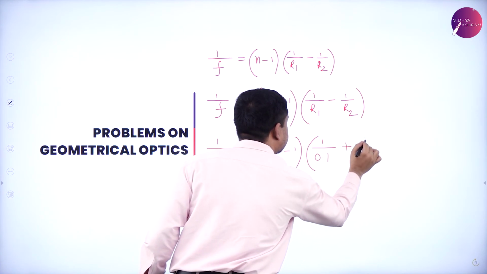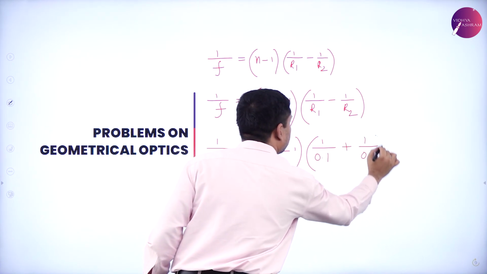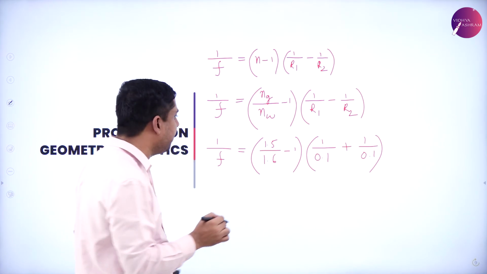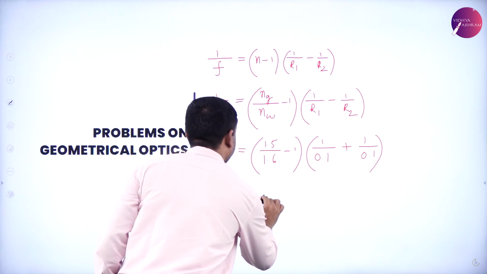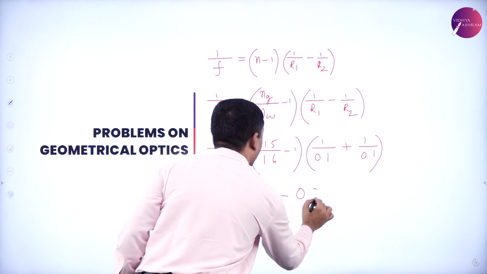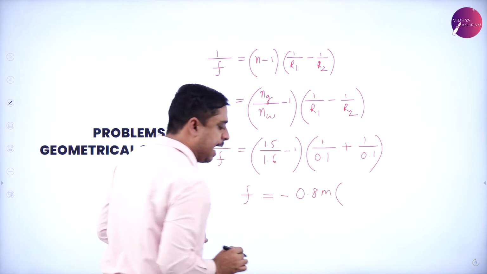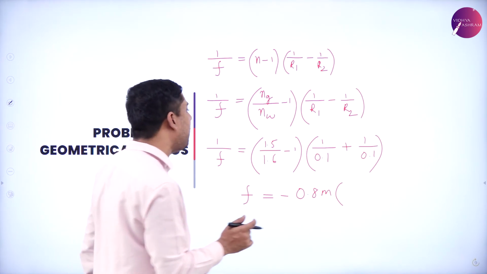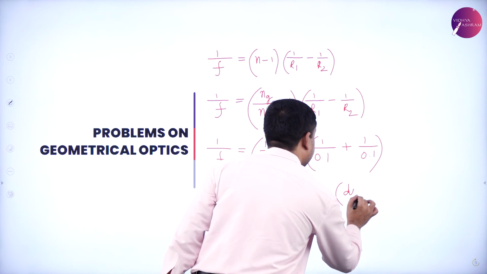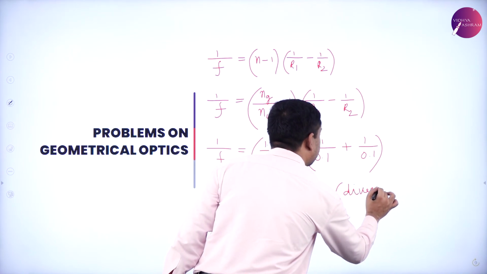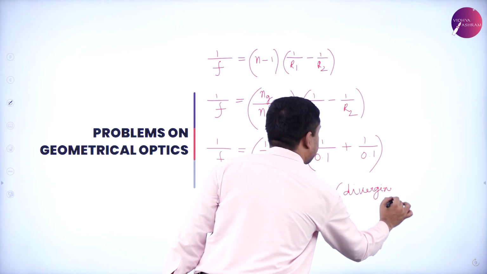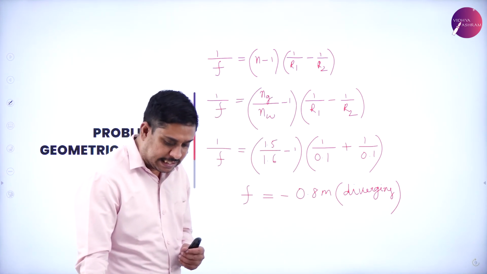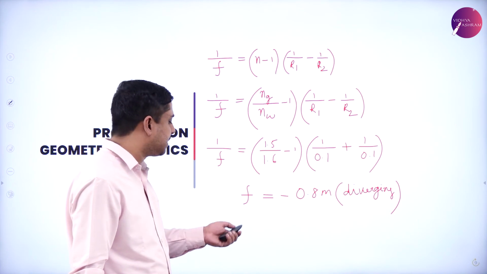Minus into minus is plus, which means F turns out to be minus 0.8 meters. Since focal length is negative, it is a diverging lens.